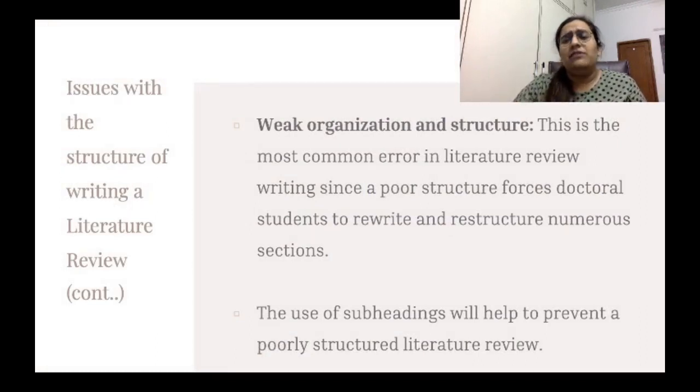The next point is weak organization in the structure. When you talk about the common errors or the common structure formulation, doctoral students used to rewrite and restructure the formulation of other researchers.